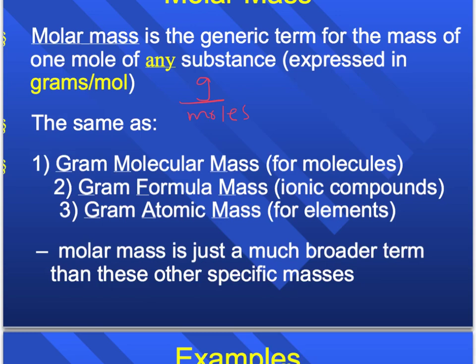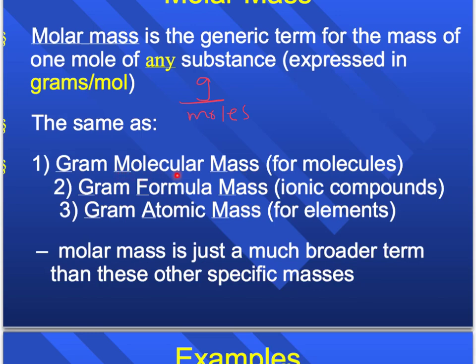A couple of other ways that we might say this: instead of the molar mass, we might call it the gram molecular mass if we're talking about molecules. We might say the gram formula mass if we're talking about ionic compounds, or you might even see the gram atomic mass, and this is just for individual elements. But honestly, in class, I'm always just going to be talking about the molar mass, but you might see in your textbook or in your worksheets that they're asking for something that sounds different, but it's not.